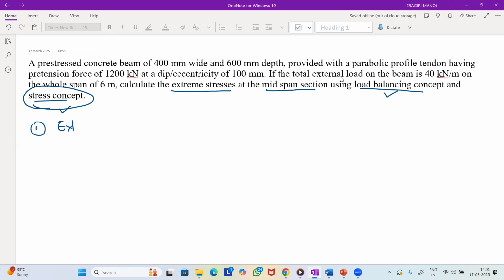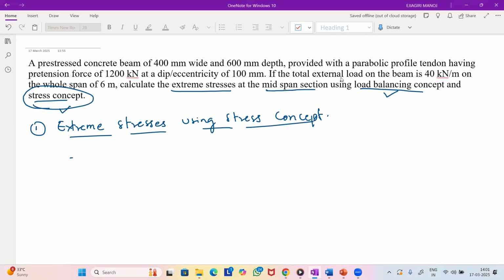Okay, extreme stresses using stress concept. So we all know in stress concept we'll be having the direct stress due to pre-stressing force, plus the stress due to eccentricity of tendon, and plus the stress due to the external load.